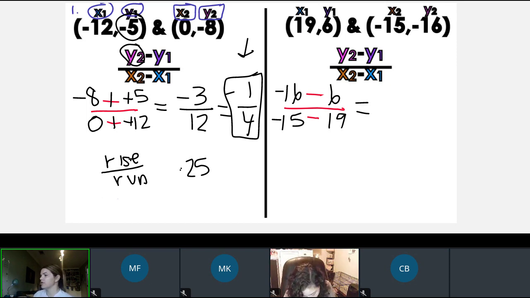Do it in your calculator. You do not have to try to do these in your head. Type in your calculator, -16 minus 6. That way we don't make silly mistakes. Okay, because -16 minus 6 is -22. We don't want to make silly mistakes.